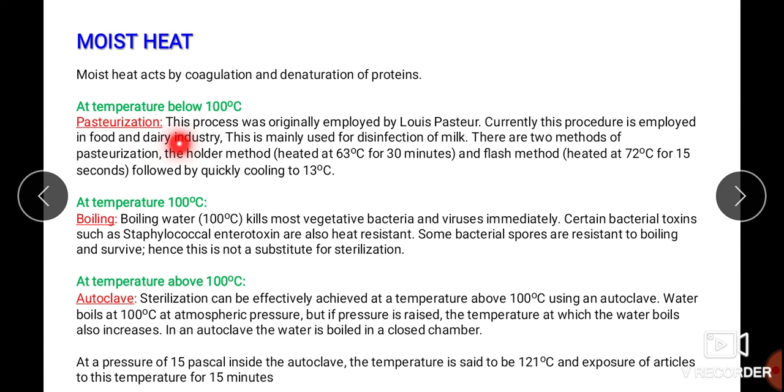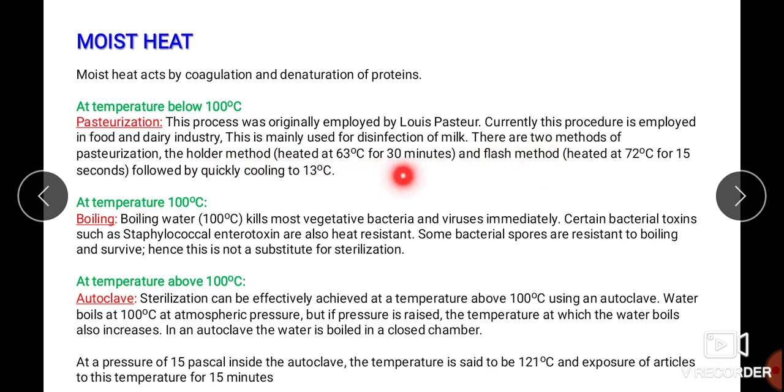This process of pasteurization was given by the scientist Louis Pasteur. Nowadays it is used in the food and dairy industry, and is mainly used for disinfection of milk. There are two methods of pasteurization: the holder method and the flash method.